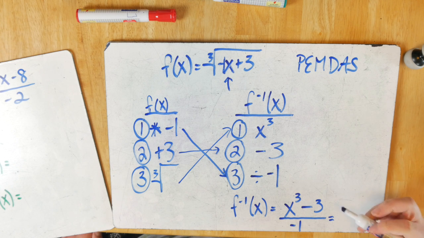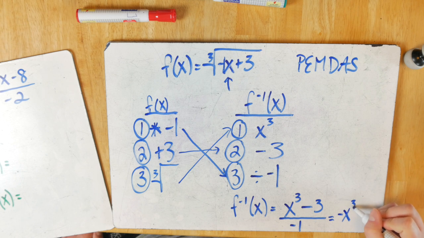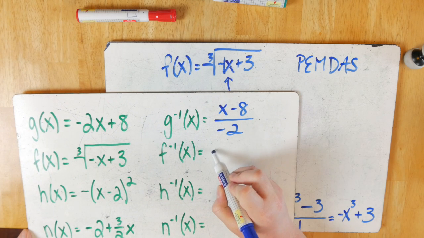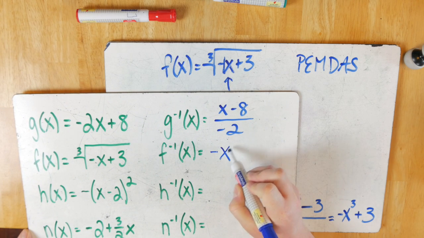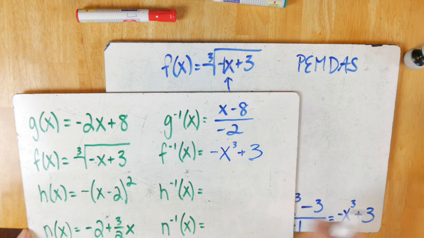Instead, you would see x cubed divided by -1 is negative x cubed, and then -3 divided by -1 is going to be a plus 3. So you would see negative x cubed plus 3. And so there we have our inverse of the f of x function.